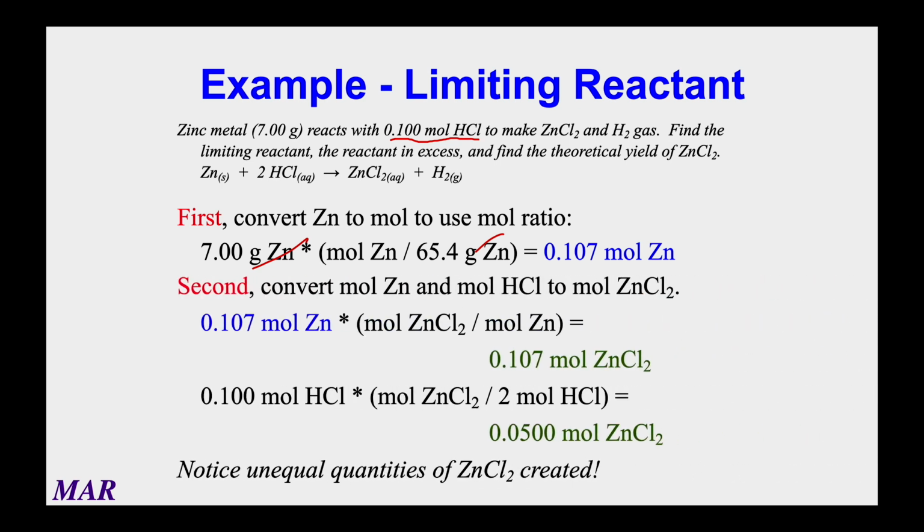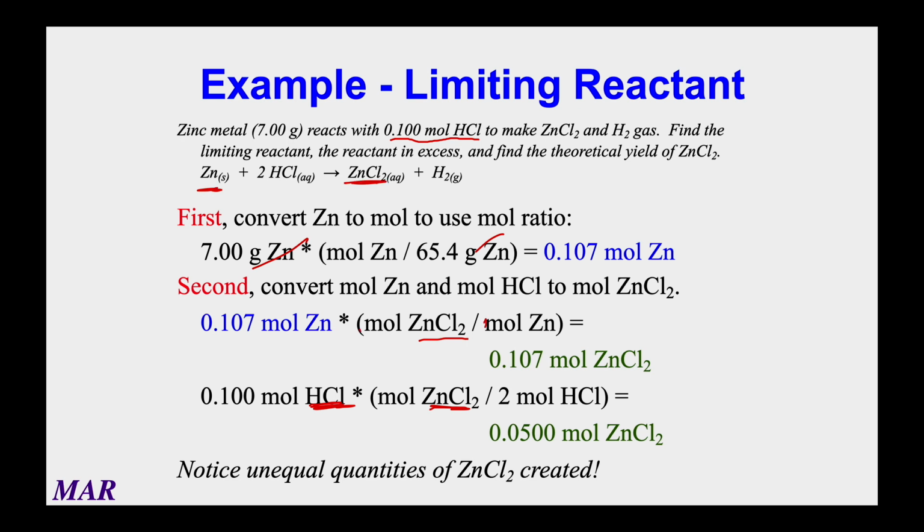So let's convert moles of zinc into moles of ZnCl2, the zinc 2 chloride. And while we're at it, let's do the same thing, but starting with HCl and turning it into zinc 2 chloride. All right. So in this problem then, 0.107 moles of zinc, and zinc to zinc 2 chloride is 1:1.